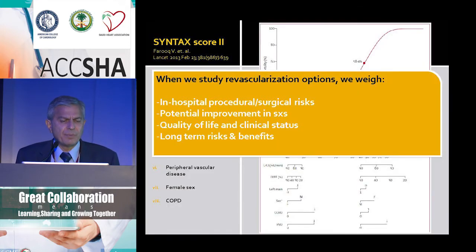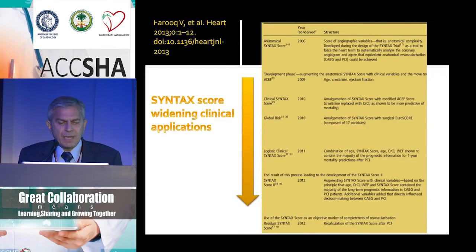SYNTAX 2, for example, in addition to the anatomic SYNTAX score, added several clinical parameters that are important, such as the age, the creatinine clearance, left ventricular EF, unprotected left main, peripheral vascular disease, female sex, and COPD. And you see here how you can really, for the same patient, work out the risk of bypass surgery versus angioplasty.